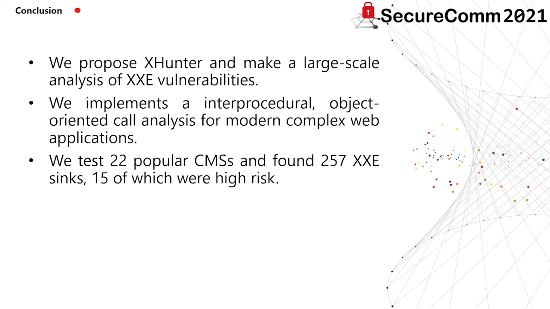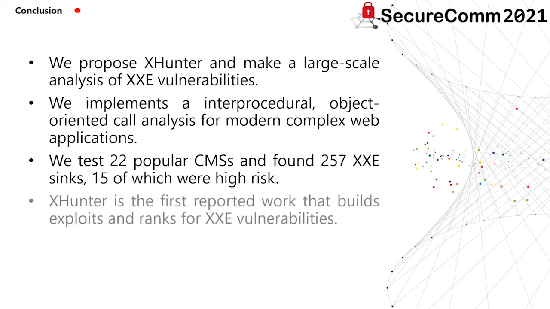We locate 193 vulnerable function nodes, and 257 XXE vulnerability sinks are found, among which users can directly access 15 high-risk sinks. It is worth mentioning that XHunter is the first reported work that builds exploits and ranks for XXE vulnerabilities.